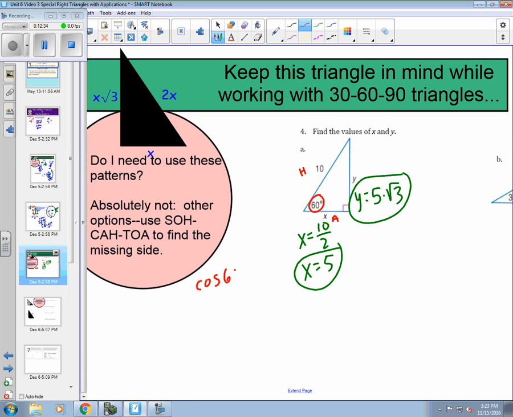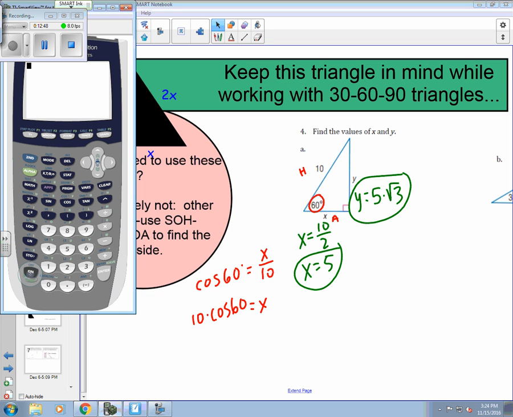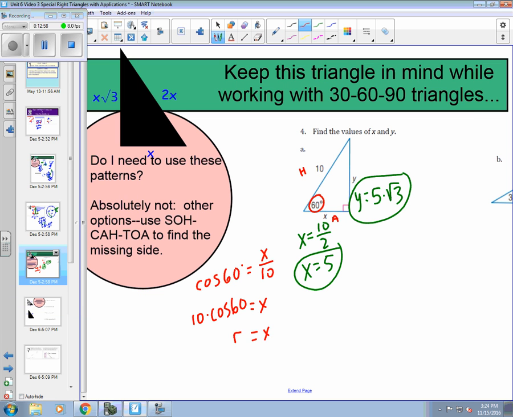Cosine 60, because we got adjacent side over hypotenuse. If we multiply both sides by 10, we got 10 times cosine 60. Watch what we get when we put 10 cosine 60 in. It equals 5. Same thing that we got right here.